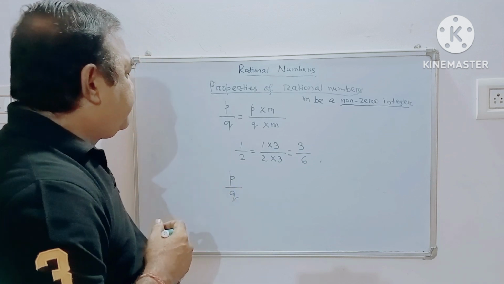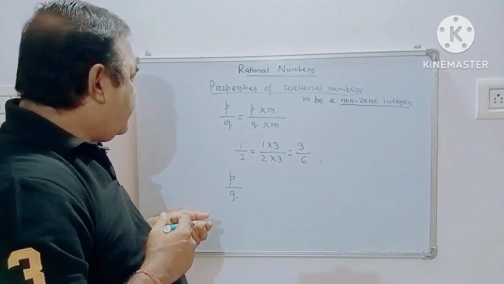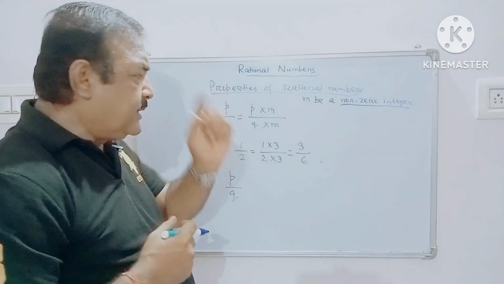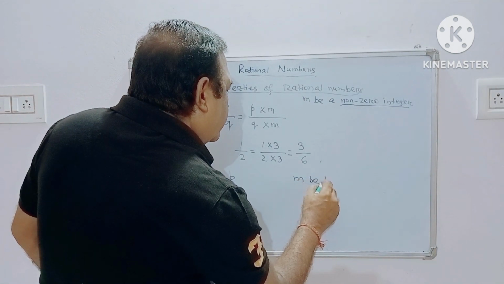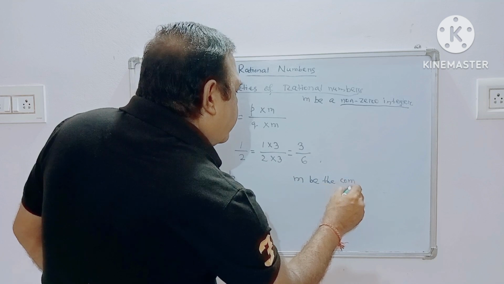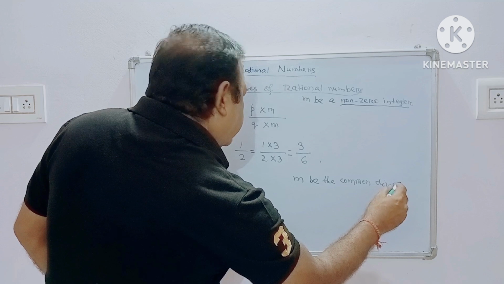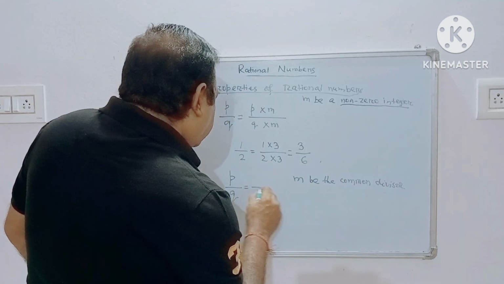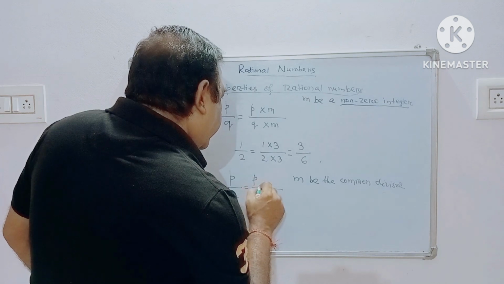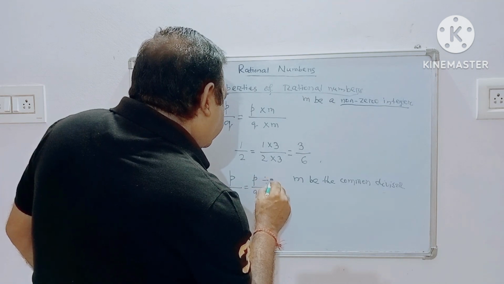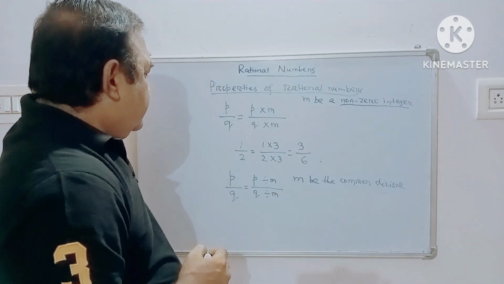Come to next. Like this, suppose p upon q is a rational number, and I will have to divide by a common divisor. Let it be m. Here m is the common divisor. So that is equal to p divided by m upon q divided by m.